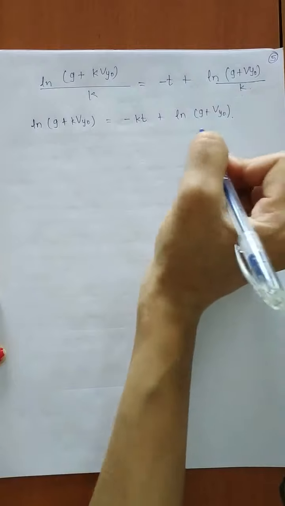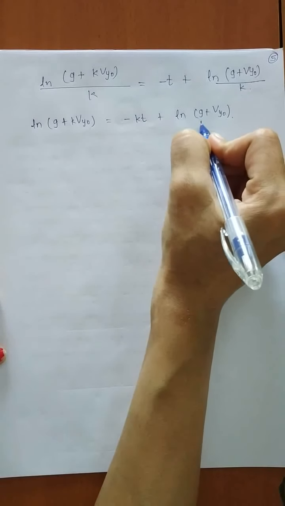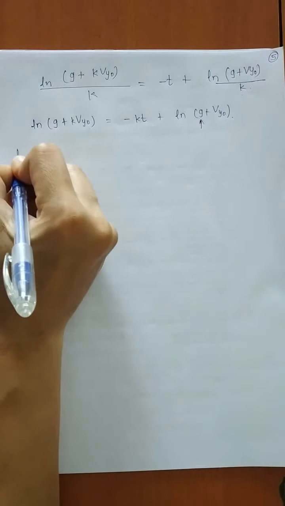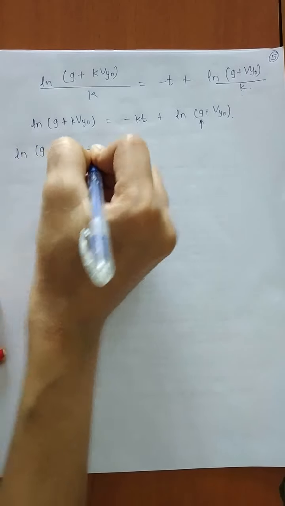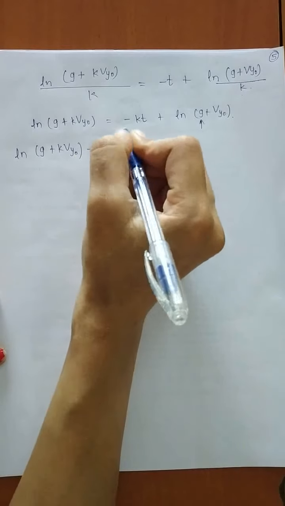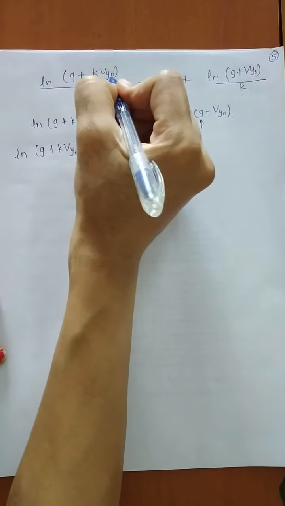Now let me again rearrange this. Take this term on LHS. You will get ln g plus k vy minus ln g plus k vy naught.